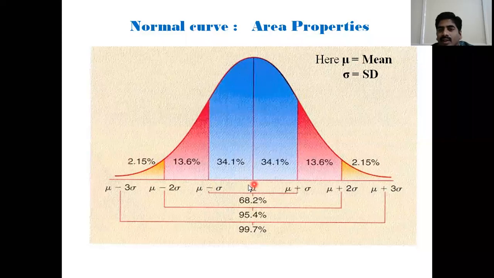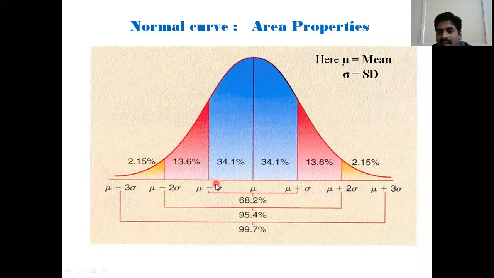Next, we know the mean is a single value. We have to accept the deviations in the data, so if you add the deviation to the mean, you will get mean plus standard deviation. If you subtract the standard deviation from the mean, you will get the lower limit, mean minus standard deviation.